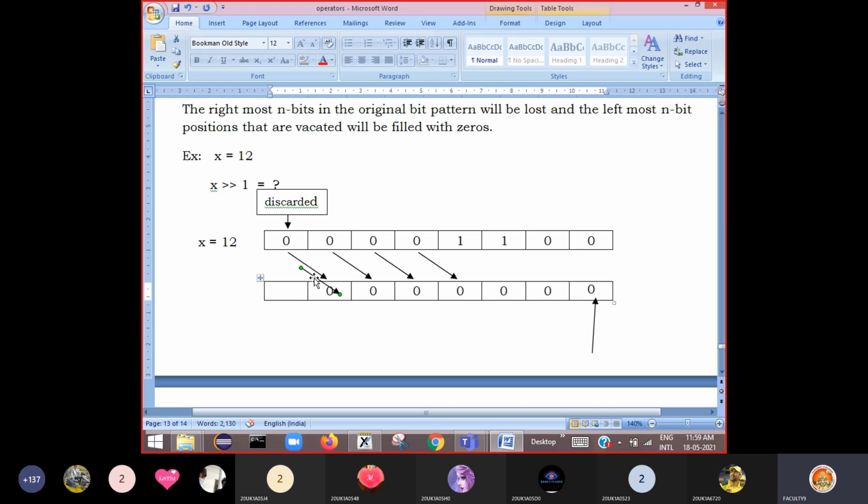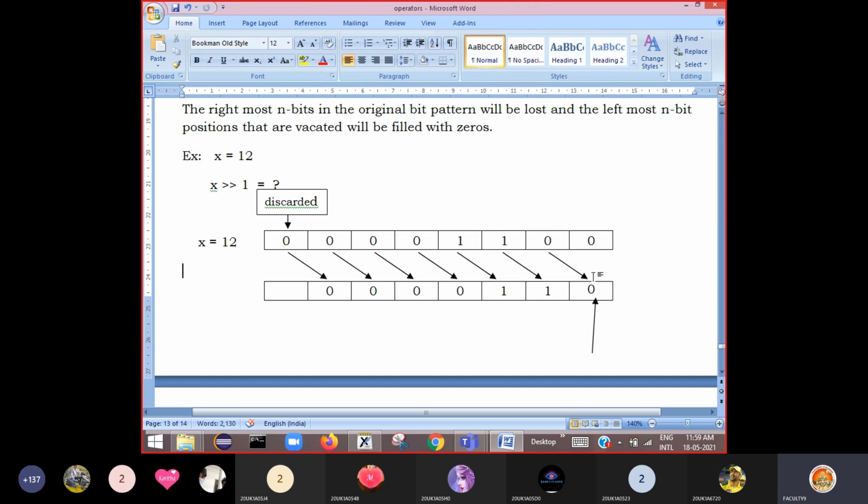Then this 1 will come here, so here it will be 1. Then this 1 will come here. Then this 0 will come here. This 0 will come here.